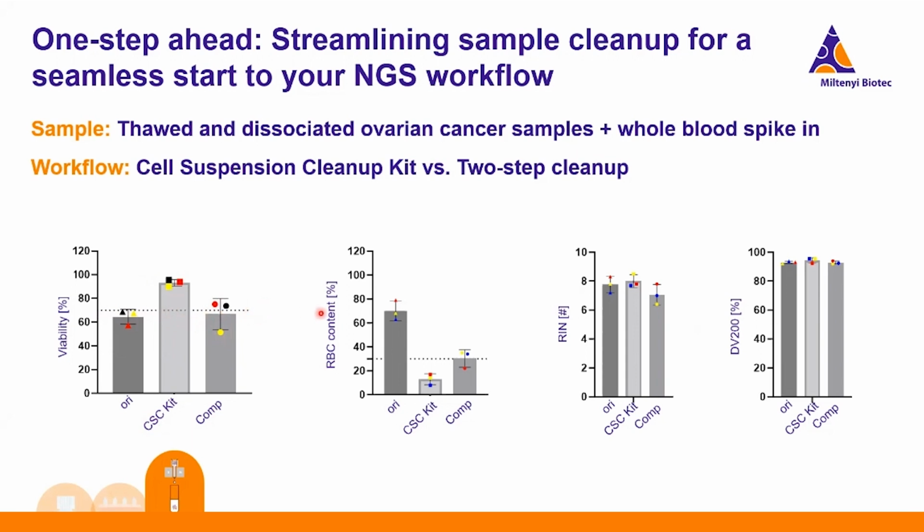The same is also true for the RBC content. When we were using the cell suspension cleanup kit, we could quite nicely reduce the RBC content below 30%, which is also a threshold given by 10x. However, using the hypotonic lysis, we were only able to get below 30% in 1 out of 3 cases. And the hypotonic lysis and the increased fraction of dead cells in the end most likely resemble the lower RIN, the RNA integrity number, we have detected.